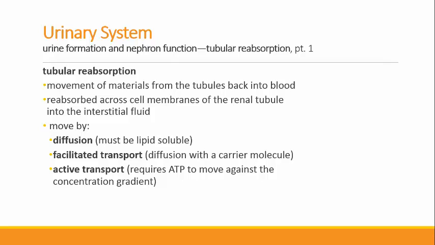And then the third process is active transport. Because we're using ATP, this allows us to move materials against the concentration gradient, from a low concentration to a higher concentration. So those three processes, diffusion, facilitated diffusion or facilitated transport, and active transport, are all being employed to shape the tubular fluid through reabsorption.